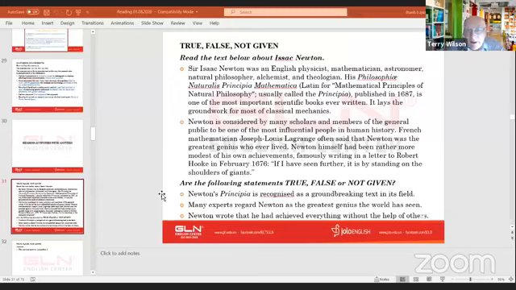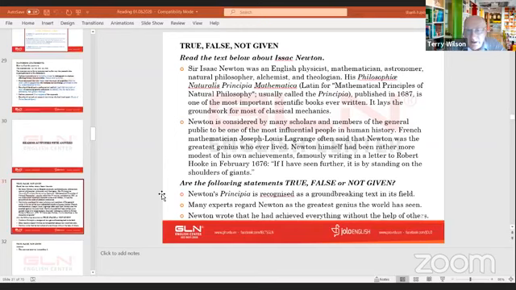So it lays the groundwork for most of classical mechanics. Newton is considered by many scholars and members of the general public to be one of the most influential people in human history. French mathematician Joseph Louis Lagrange often said that Newton was the greatest genius who ever lived.